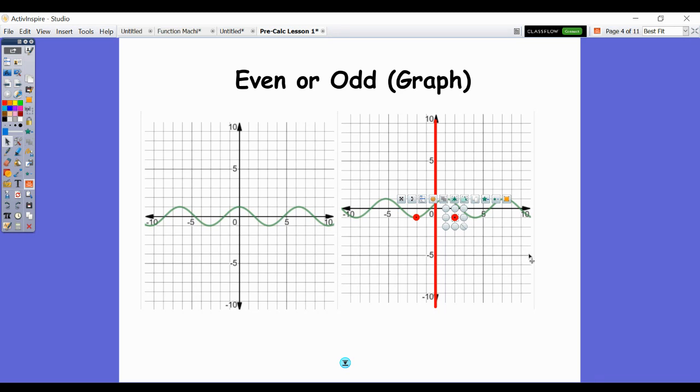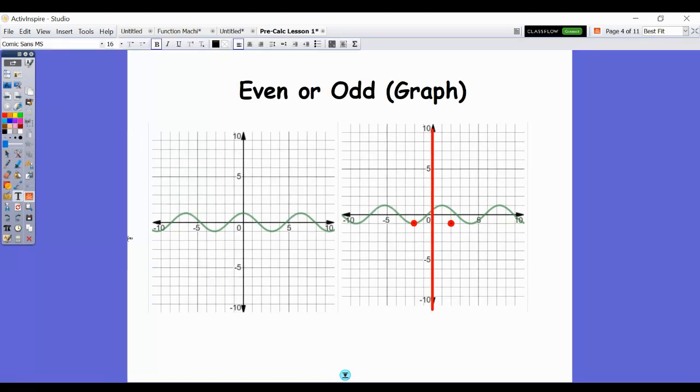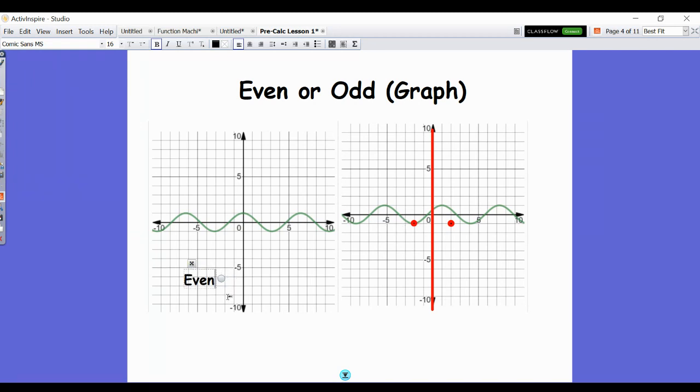So this one is going to be even on the first graph because, again, the dots do reflect, whereas this one is not even.